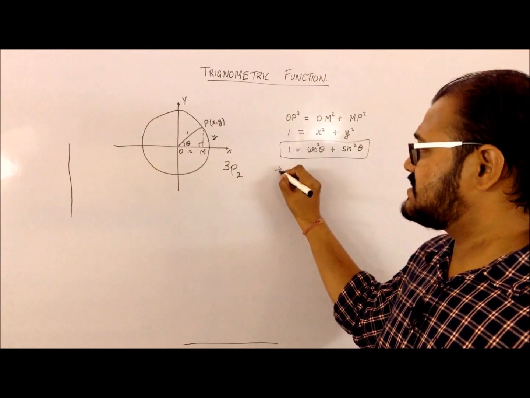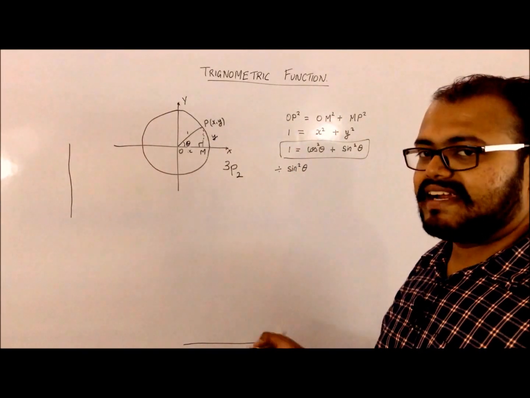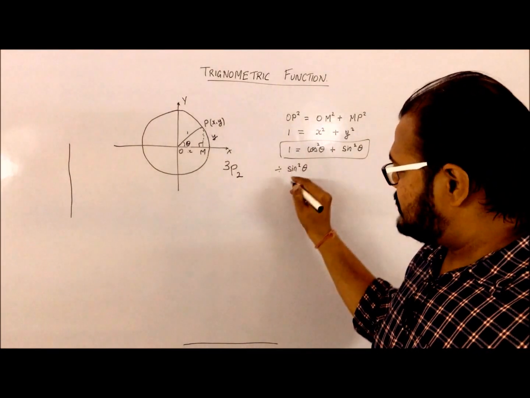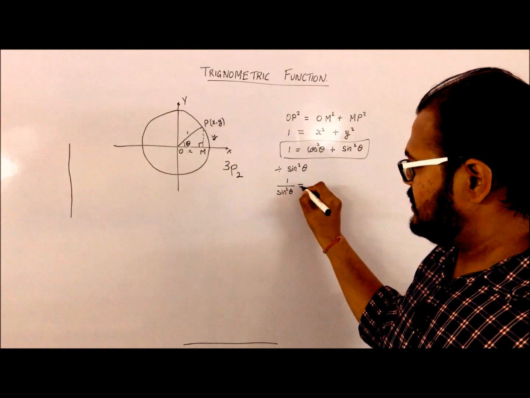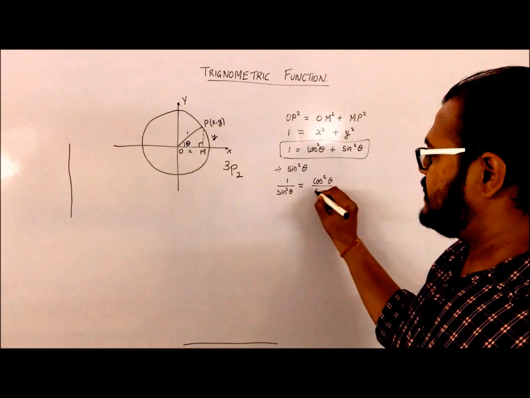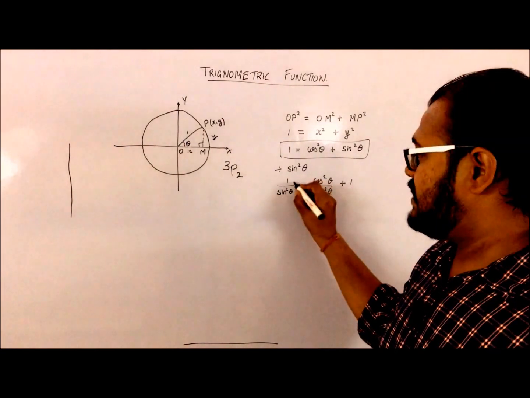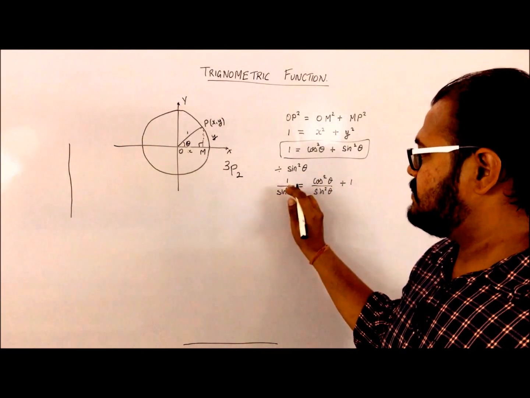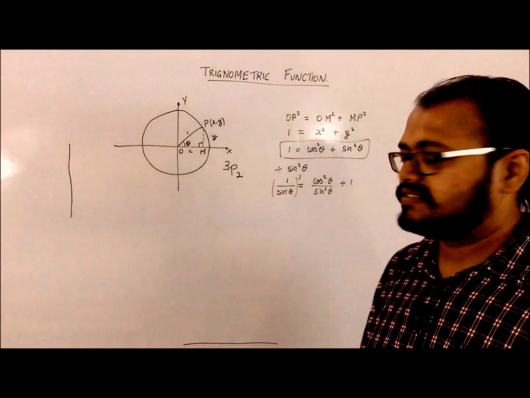If I divide this relationship by sine square theta, I get the second identity, that is 1 by sine square theta is equal to cos square theta by sine square theta plus 1. My 1 by sine square can be written as 1 by sine theta the whole square.